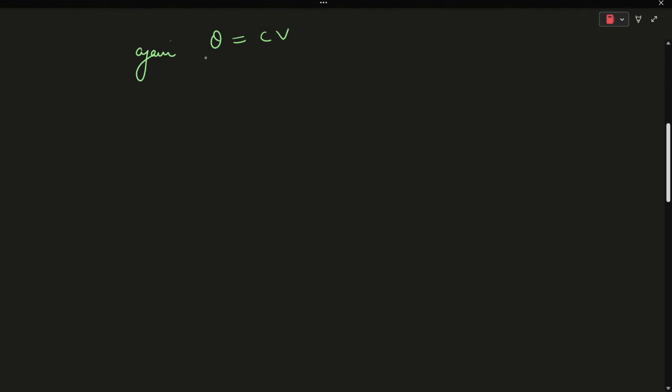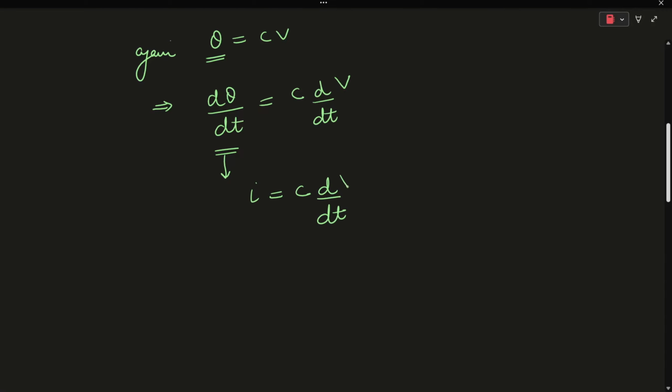If we differentiate charge with respect to time, we get dq by dt equal to C dV by dt. This change in charge with respect to time is your current I. So I will be equal to C dV by dt. This is a very important expression and you need to remember it.